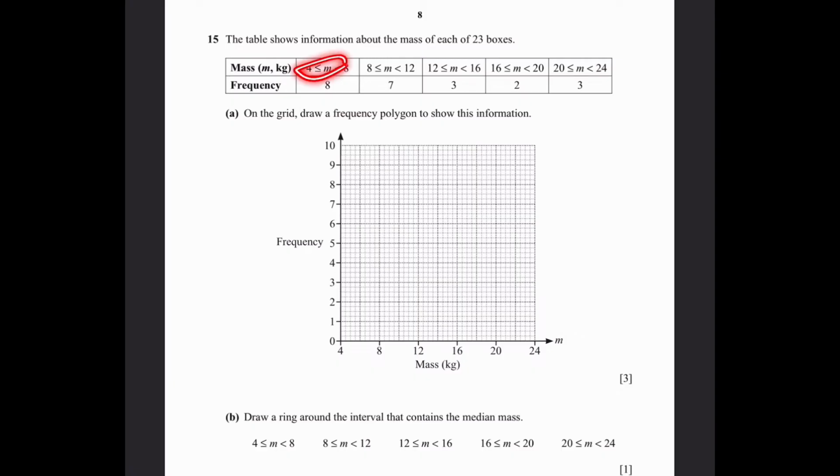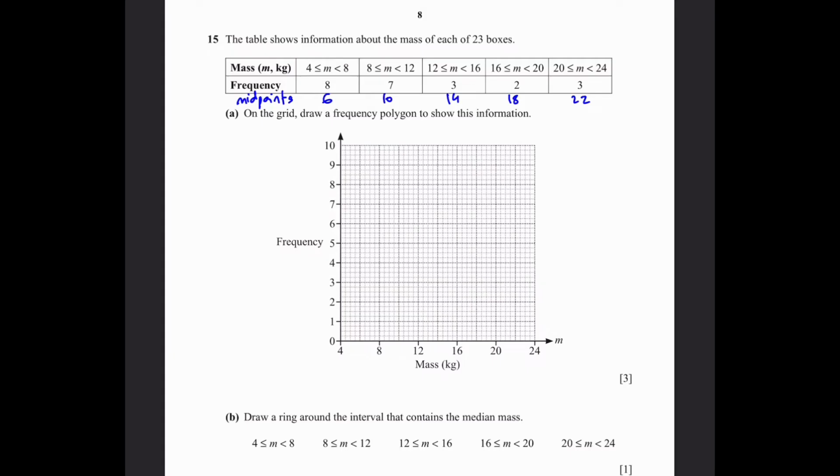It should be in the middle of 4 and 8. So let's make a new row to find the midpoints. So the midpoint of this class here, 4 and 8, will be 6. And for the others, we can also write their midpoints 10, 14, 18, and 22. Now these are the x values which we are going to use to label our graph.